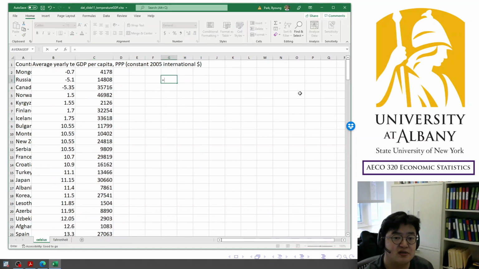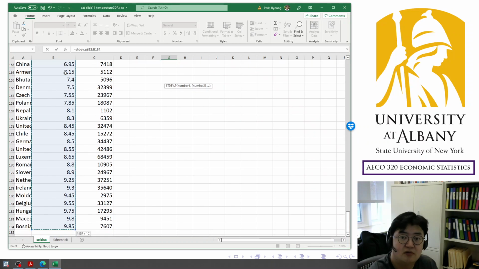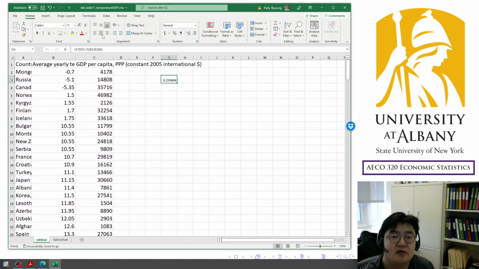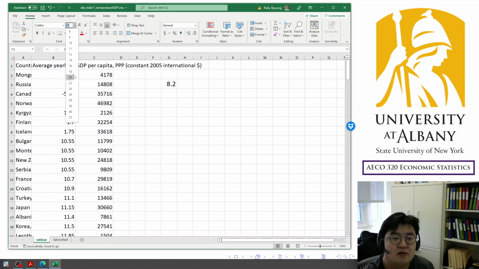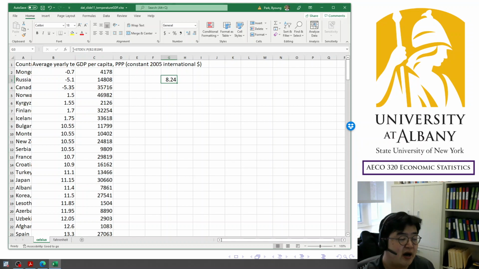What you can do here is, for example, first calculate the standard deviation of each variable. Let me increase the size. I used STDEV.P with the data range. Remember, .P is the population formula.